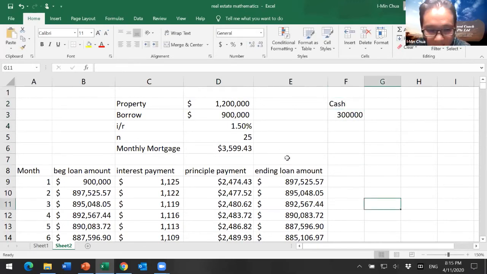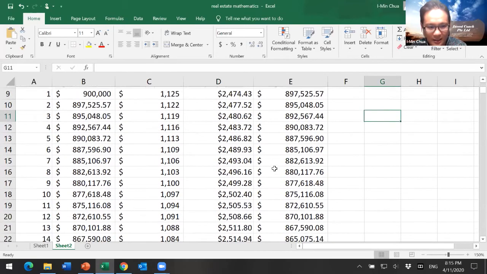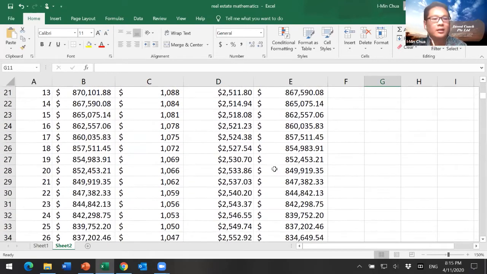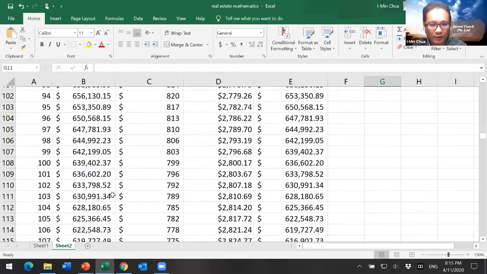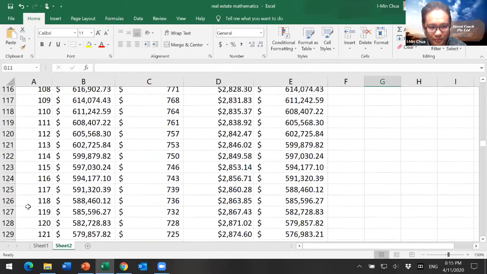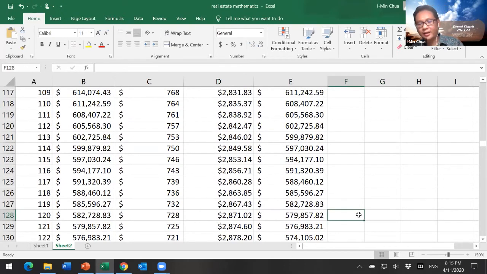So now let's say, assuming you sell 10 years later, which is 120 months, and let's assume that your property didn't appreciate at all. You buy at 1.2 and you sell at 1.2.